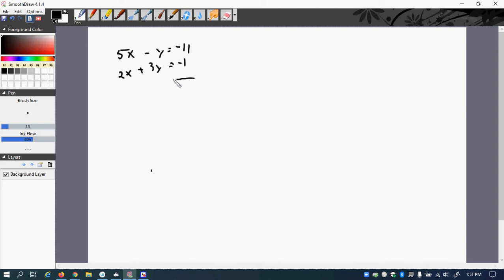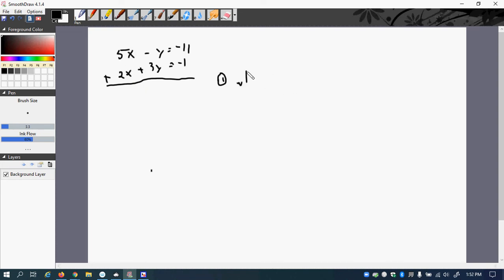Now if we go ahead and add these two equations together, neither one of the variables will be eliminated. 5x plus 2x is 7x, negative y plus 3y is 2y, so neither one gets eliminated. So our first step when that happens is to think about how we could make one of the variables the same but opposite in sign.